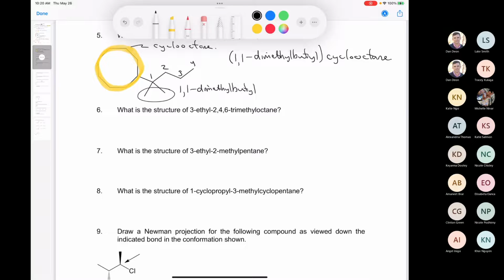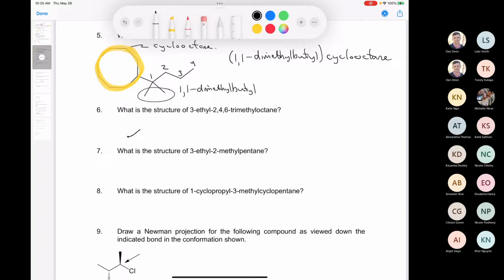Next is drawing the structure from a name. Students usually find this a little bit simpler, and I do too. It says, what is the structure of 3-ethyl-2,4,6-trimethyloctane? The first thing we'll do is we'll draw the parent, the octane. Octane has 8 carbons. So look, when my pencil touches the paper, that little dot that I just made, that's your first carbon.